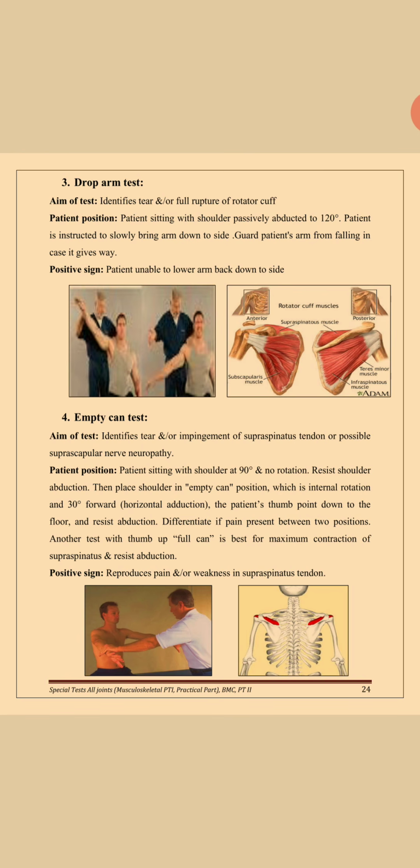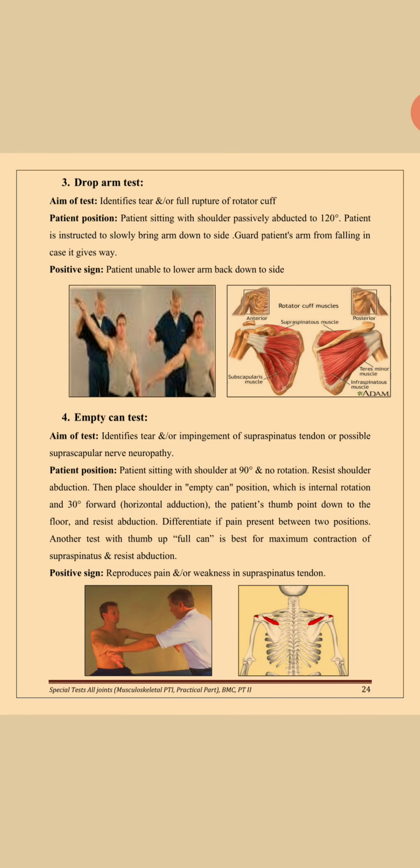Empty can test. Identifies tear or impingement of supraspinatus tendon or possible suprascapular nerve neuropathy. Patient position: patient sitting with shoulder at 90 degrees and no rotation. Resist shoulder abduction. Then place shoulder in empty can position, which is internal rotation and 30 degrees forward horizontal adduction.